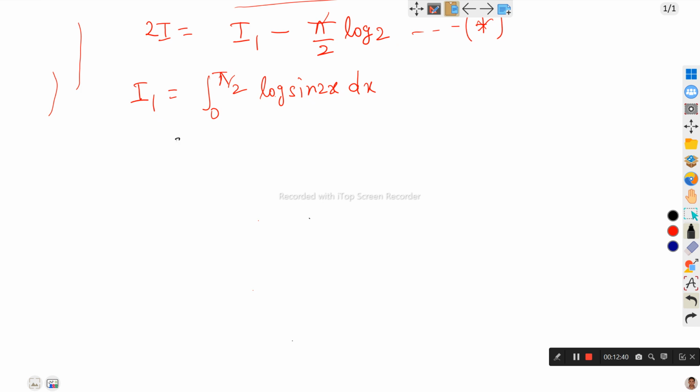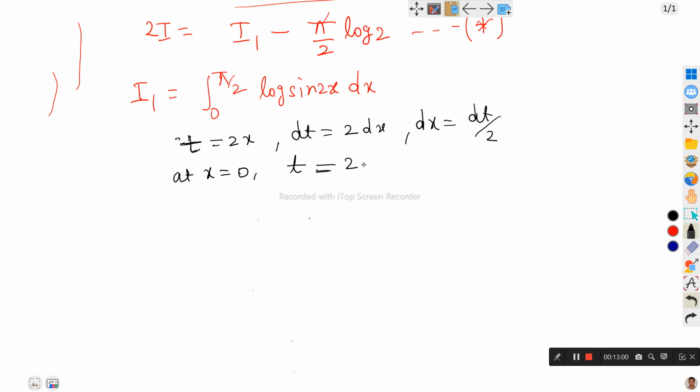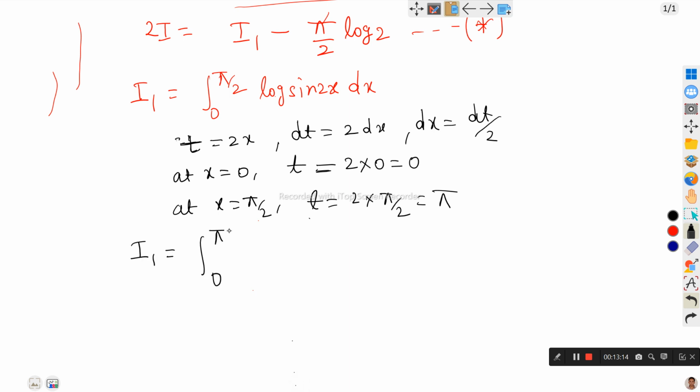We substitute t in the place of 2x, so by differentiation dt becomes 2 dx, and dx equals dt upon 2. At x equals 0, the lower limit t would be 2 into 0 equals 0, and at x equals pi by 2, t equals 2 into pi by 2, and this will be pi. So the integration changes to the integral from 0 to pi of log sin t dt upon 2.